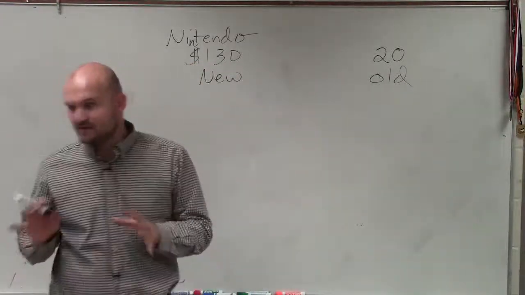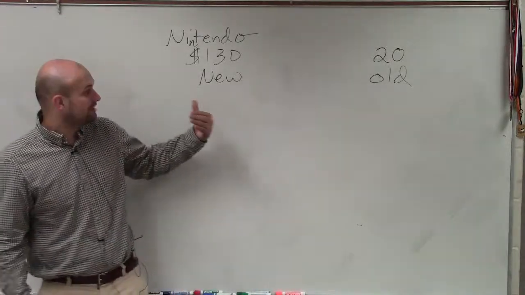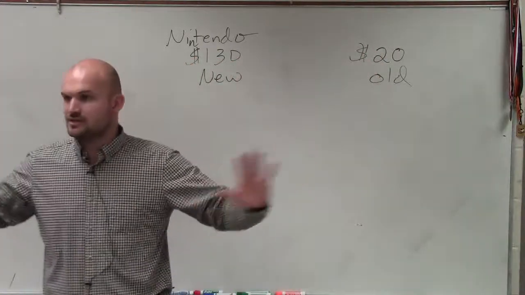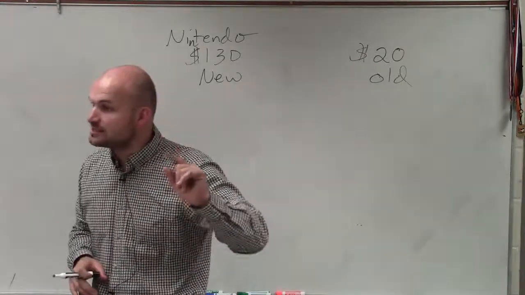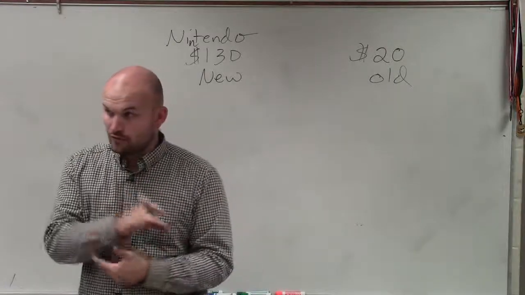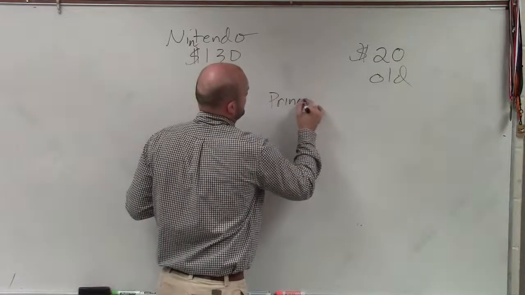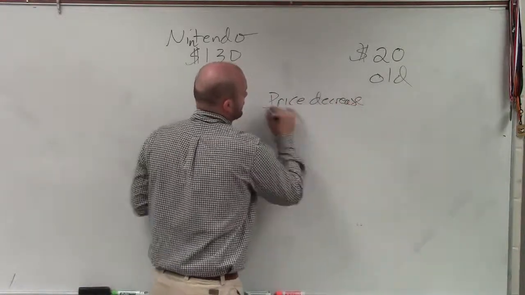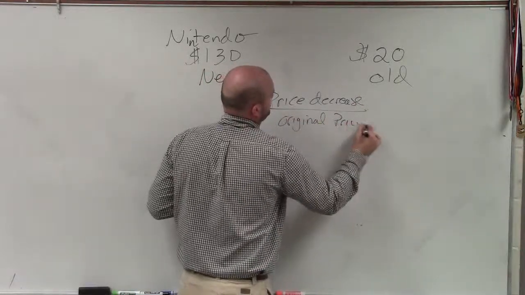Now, regardless of inflation or anything like that, let's look at what the price decrease was from $130 to $20, regardless of how far in time it went. So there's one more ratio we need to discuss. Rather than the part over the whole ratio equals percent over 100%, the last one we're going to do is price decrease over original price.